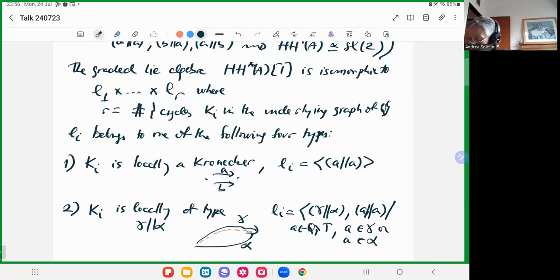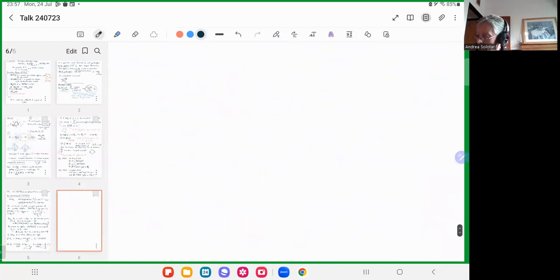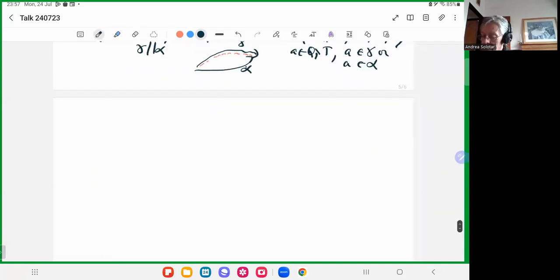So in this case, this is the Lie structure, and the action between A parallel to A and gamma parallel to alpha is diagonal, as I described before. So this is the second type.